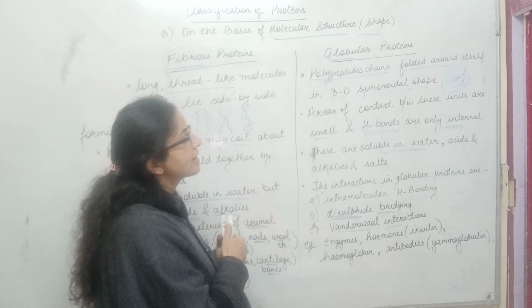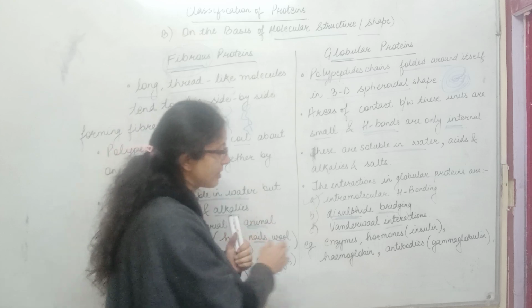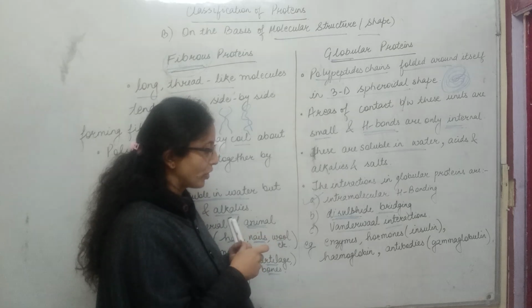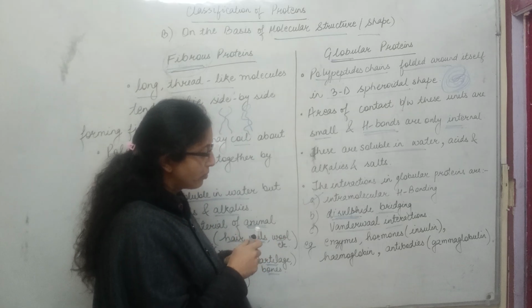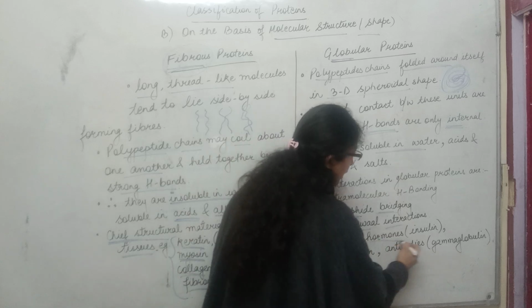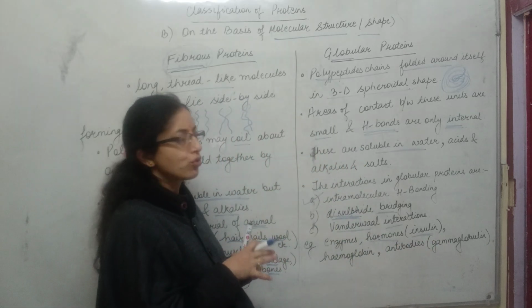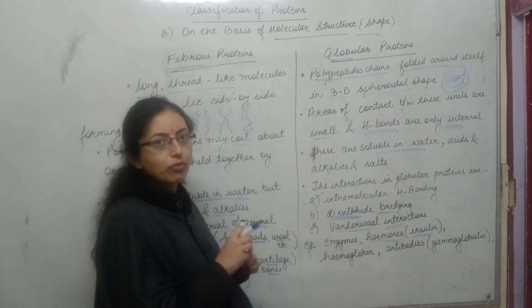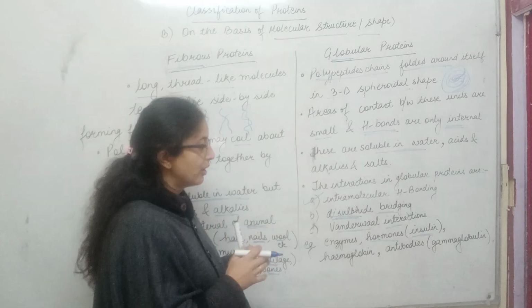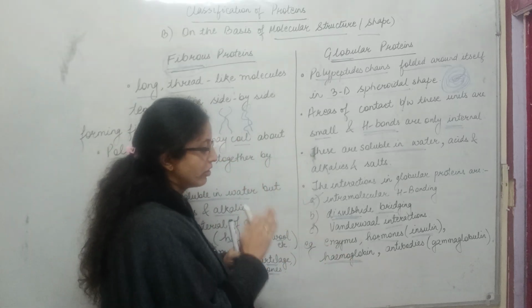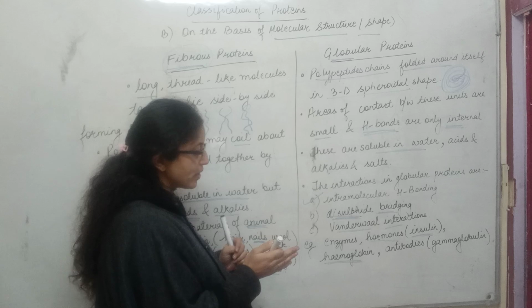So what are the important examples of globular proteins? Enzymes. All enzymes are considered globular proteins. Then hormones like insulin. What does insulin do? It controls the blood sugar level. It is secreted from the pancreas and it controls the blood sugar level. Then hemoglobin, a complex of iron which carries oxygen to the tissues.